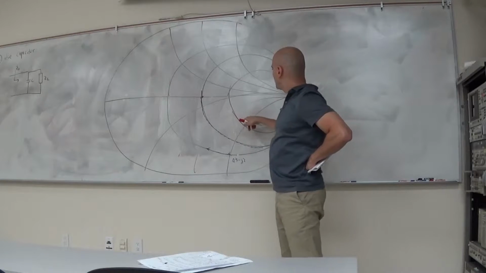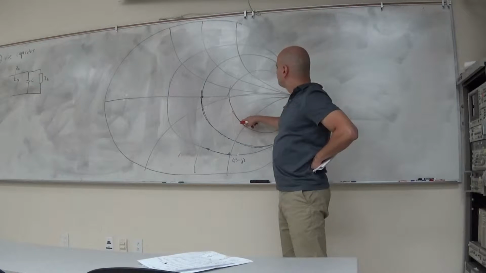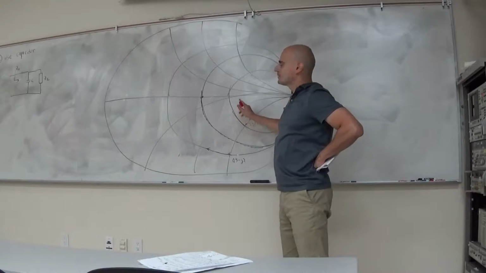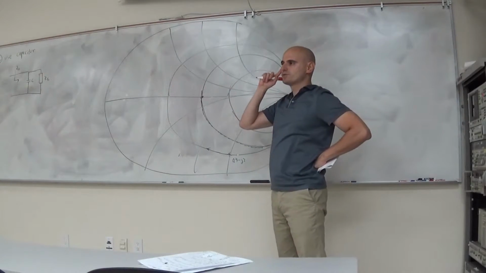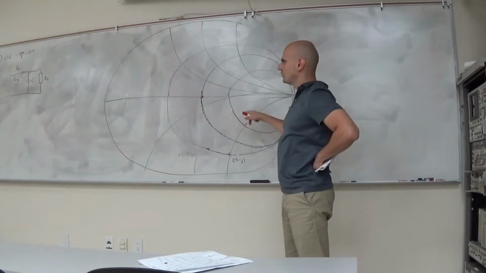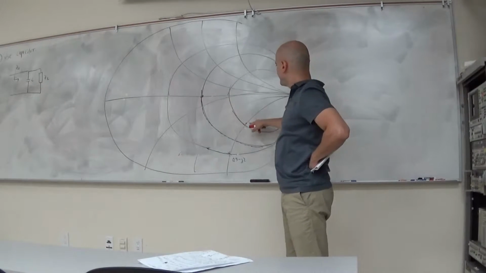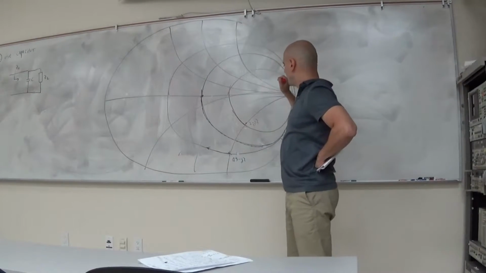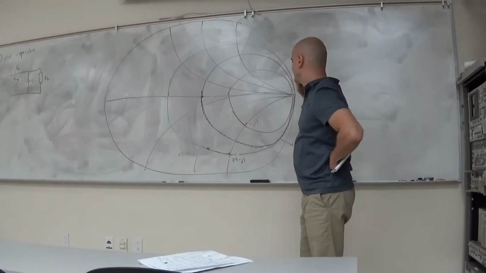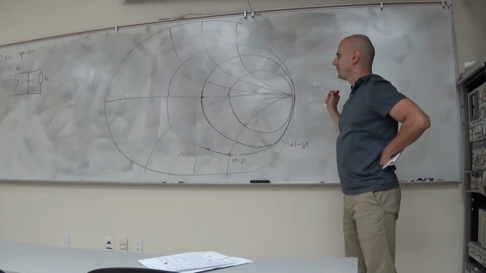And can I ever bring this point to the center? Remember that a match point on the Y chart is the same as a match point on the Z chart. 50 ohms is 50 ohms, 1 is 1, the inverse of 1 is 1. So can I ever bring this to the center? No. So where does my YL need to be in order for me to bring it to match?